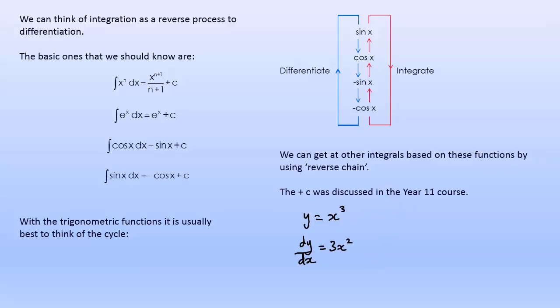But so does y is x cubed plus any constant whatsoever, even 1,000. It differentiates to the same thing. So we don't know what this constant is. So when we integrate 3x squared, we have to acknowledge that that could be x cubed plus anything.